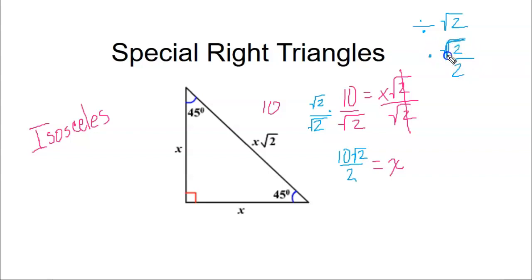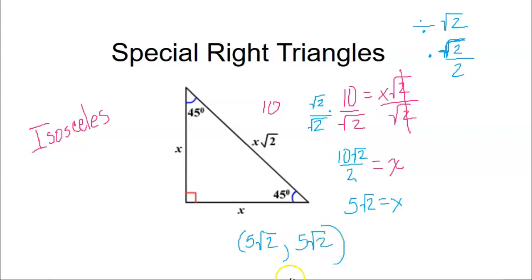And so you can think of that in two ways. Both ways get you the same answer. This way has just already done the rationalizing for you. And we do get lucky here that 10 is divisible by 2. If you do 10 divided by 2, you actually get 5. So that means that our x and y coordinates for that first 45-degree angle should be 5 square roots of 2, 5 square roots of 2.